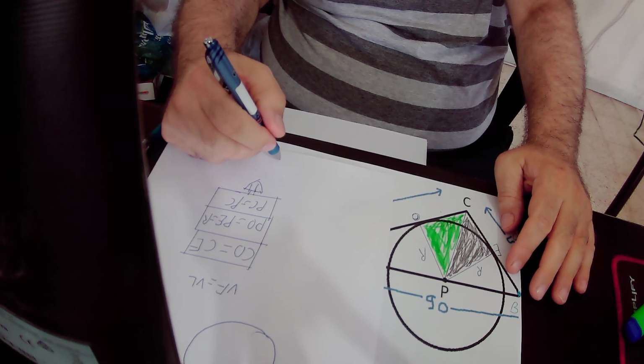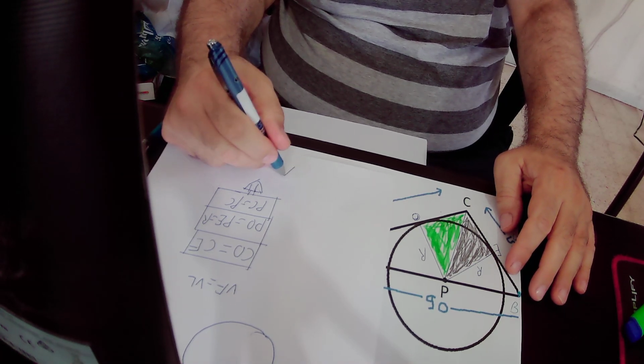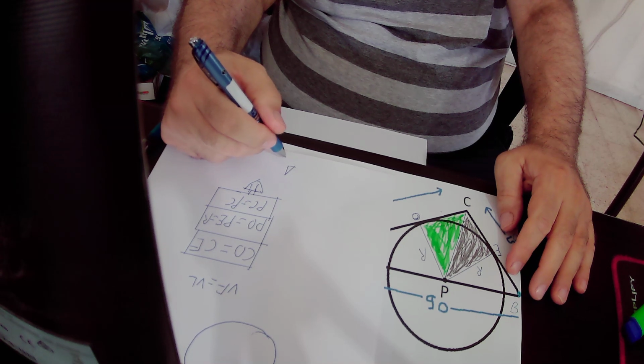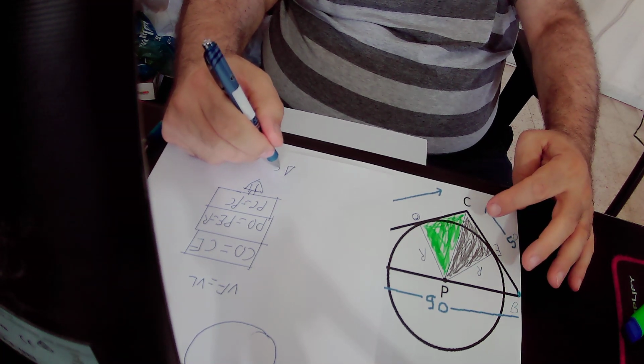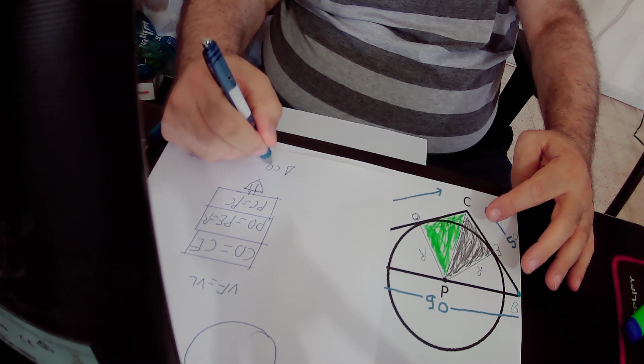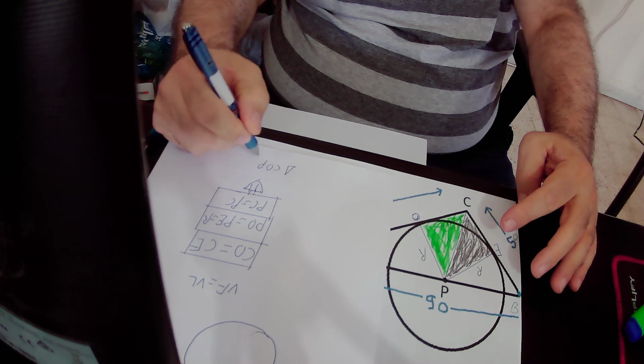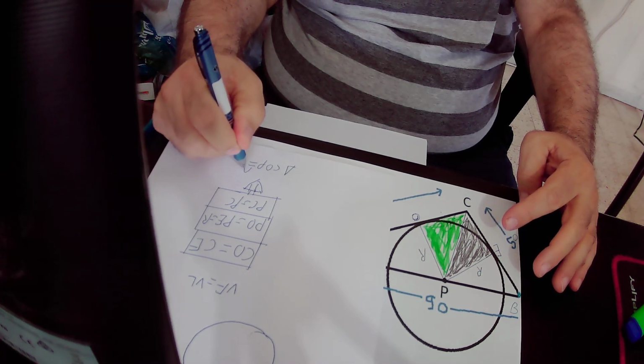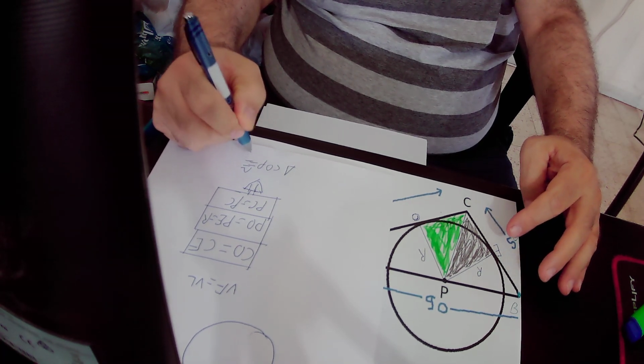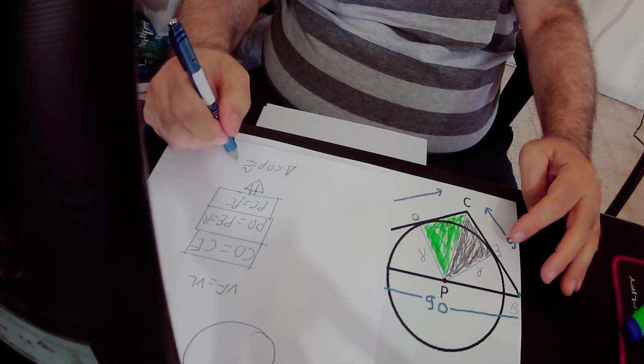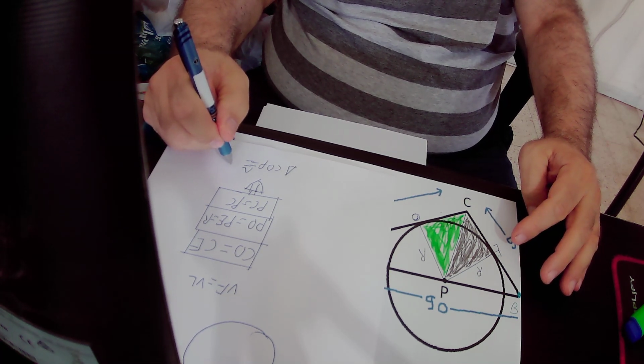I will write it down. So triangle COP, the green triangle, is congruent to the black triangle, that is to say triangle CEP.